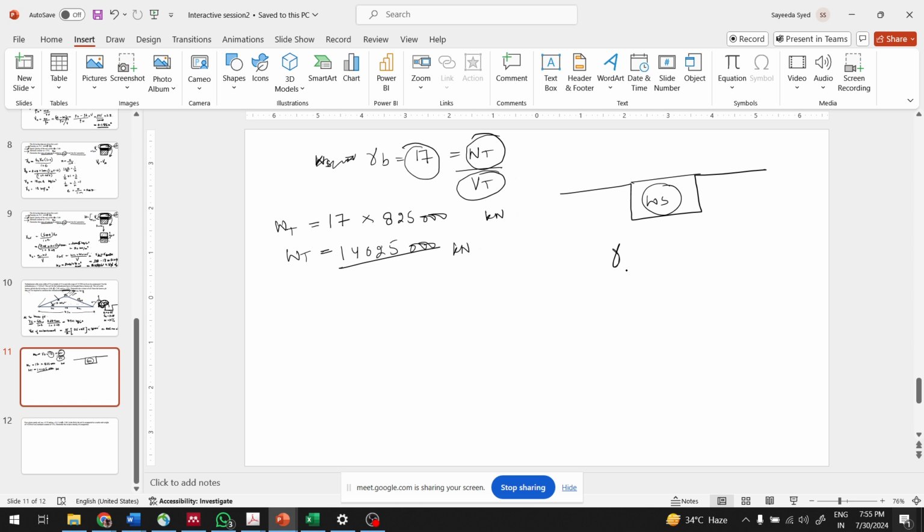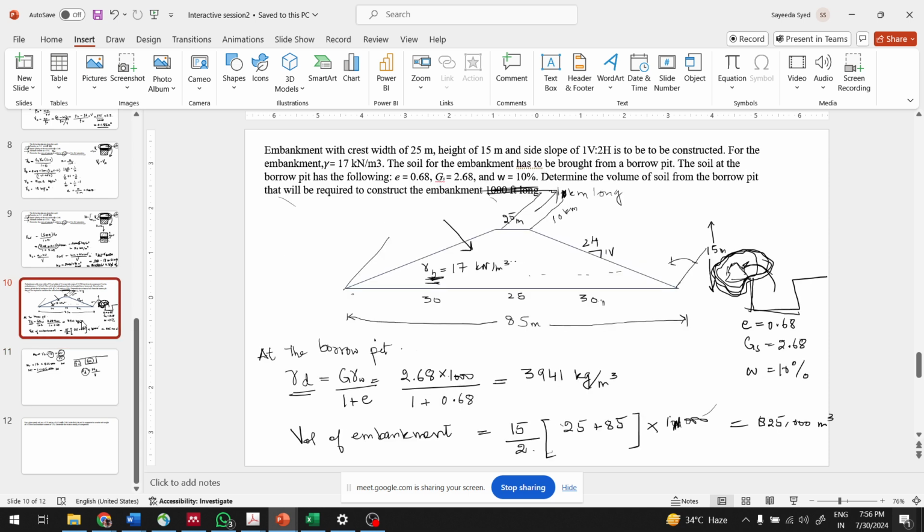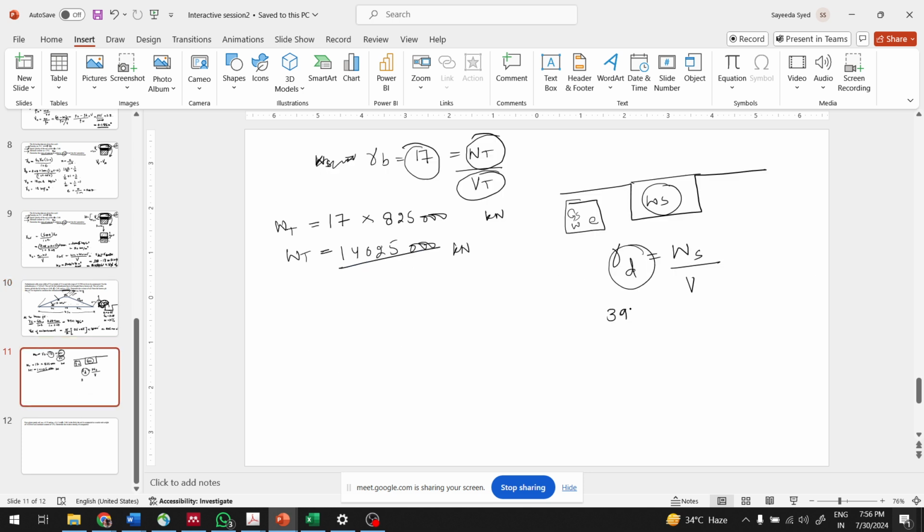Now we have already calculated the gamma d, which we know will be Ws over volume, isn't it? So from the data about the Gs, w and e, we calculated the gamma d, which came out to be 3941 kg per meter cube. Okay, and actually this is a little too high.